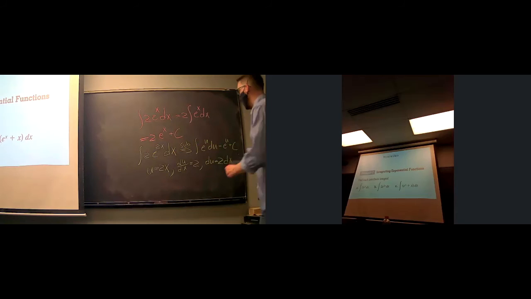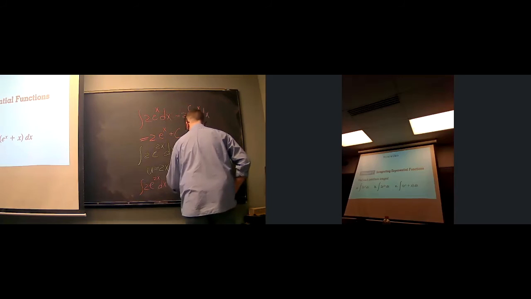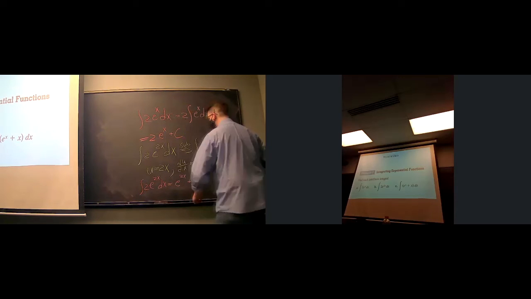So when we integrate all of this, then substitute u back in, we get that the integral of e to the 2x dx has to be equal to e to the 2x plus a constant.